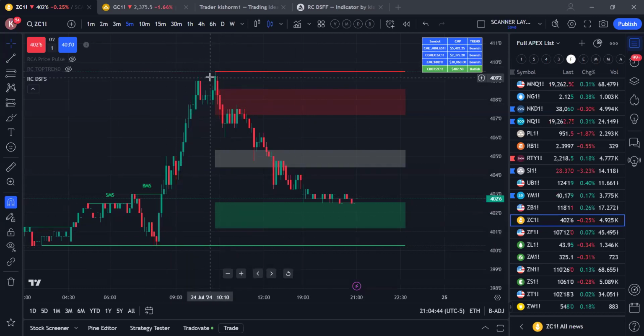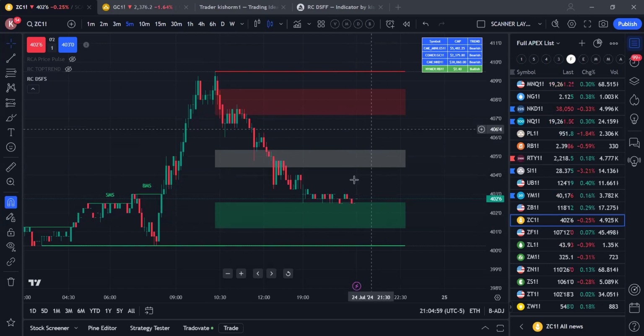Price came here, went all the way up. Again, price is coming here. Sometimes it will come and touch this and then start moving up, or sometimes it will come to the discount area and then start moving up. So we'll wait until you see a green candle, and if you see it start moving up, then we can enter a long position. So now RB1.